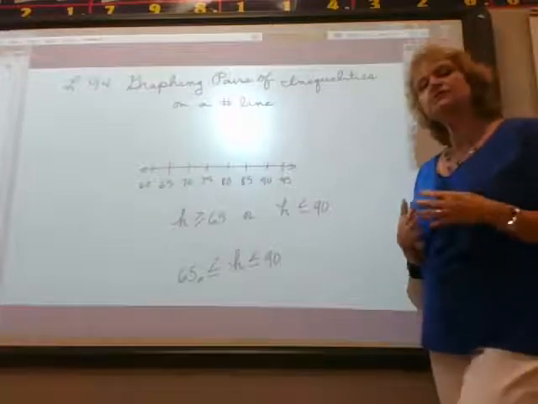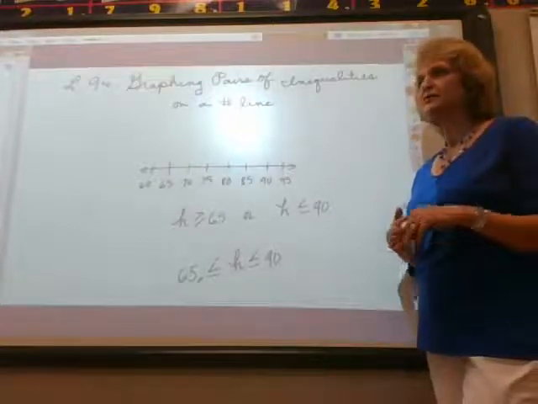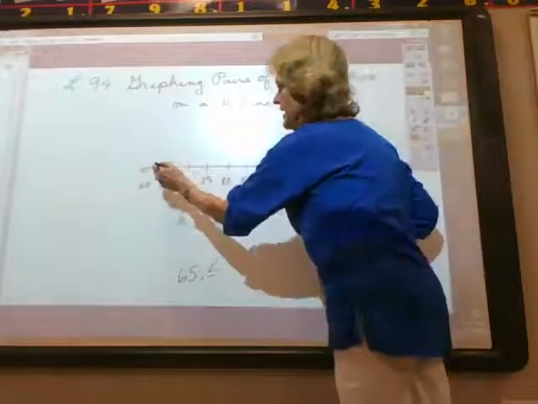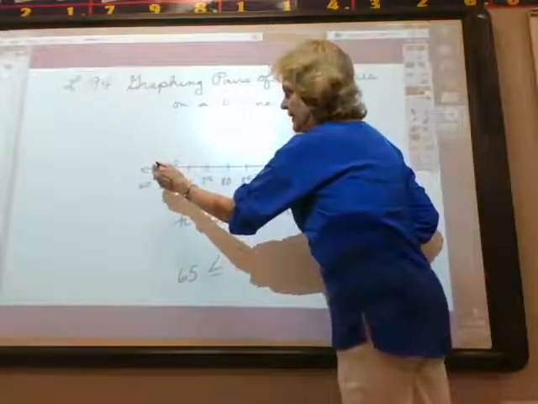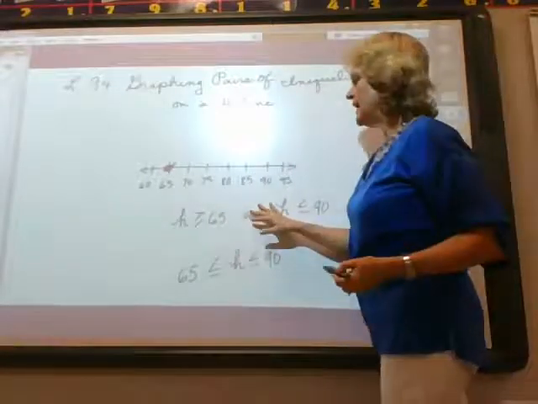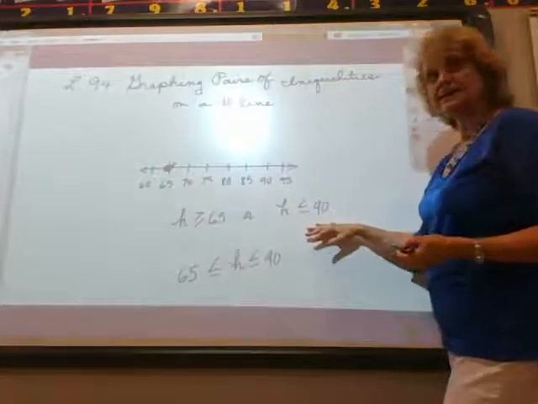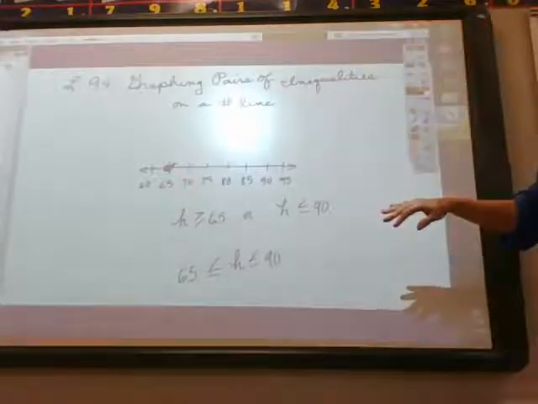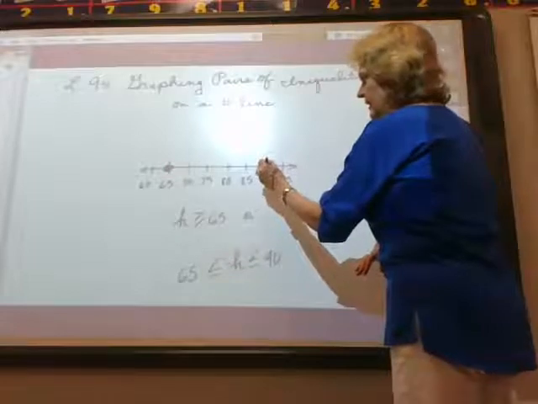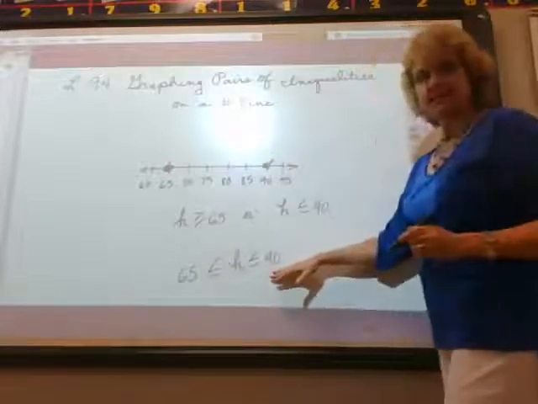If you converted those to inches, the shortest one in the NBA would be 65 inches, so we're going to include him. So we're greater than or equal to 65, right? And then the tallest guy is 7'6", which is 90, so less than or equal to 90.